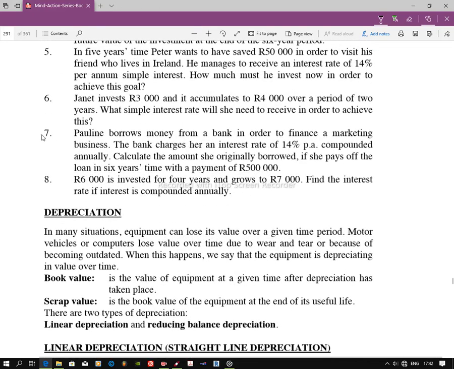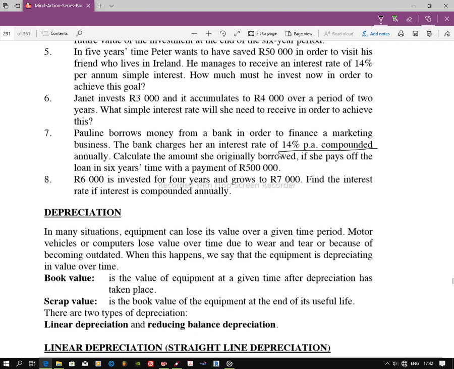I go with number 7. They say Pauline borrows money from a bank in order to finance a marketing business. So this person is borrowing money so that she can do the business. The bank charges her an interest rate of 14% per annum, compounded annually.